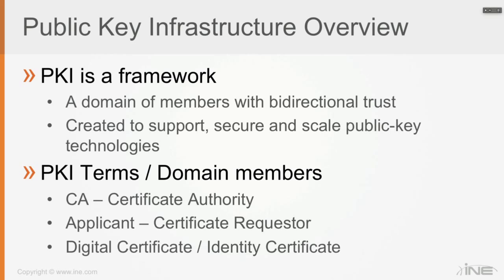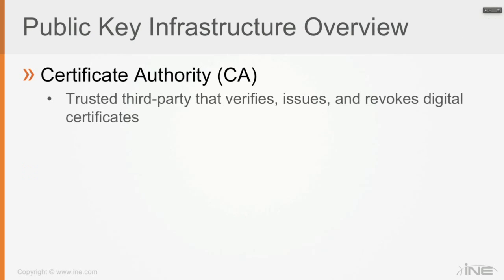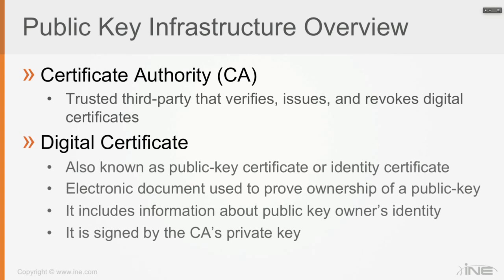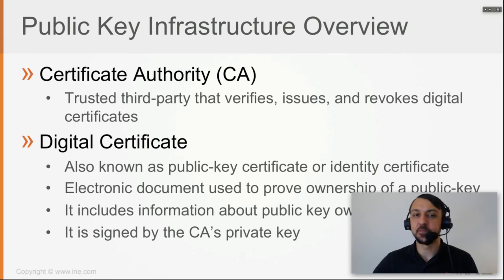So how this works is that the CA is going to be that trusted third party that verifies, issues, and revokes digital certificates. And the digital certificate is also known as a public key certificate or identity certificate, and it's an electronic document used to prove ownership of a public key.